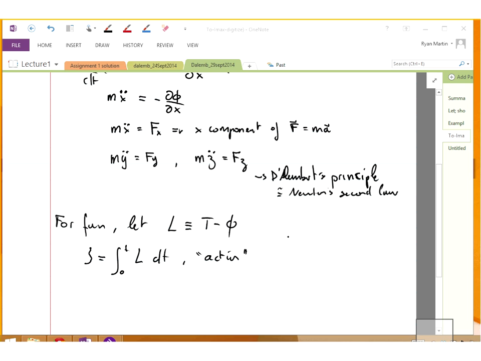And we'll see that this quantity, which we call L here, we will eventually start calling the Lagrangian.